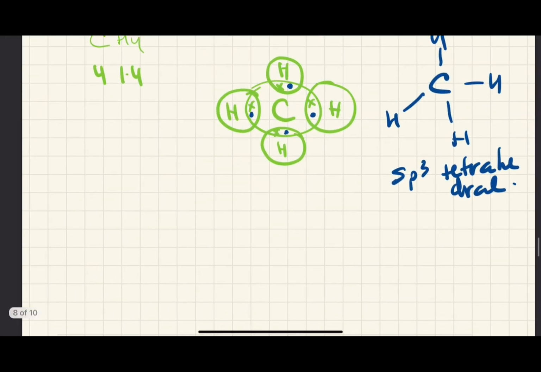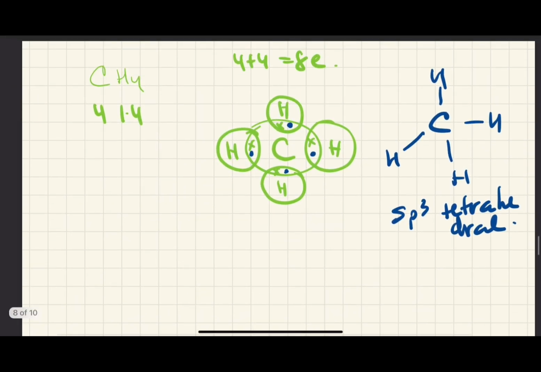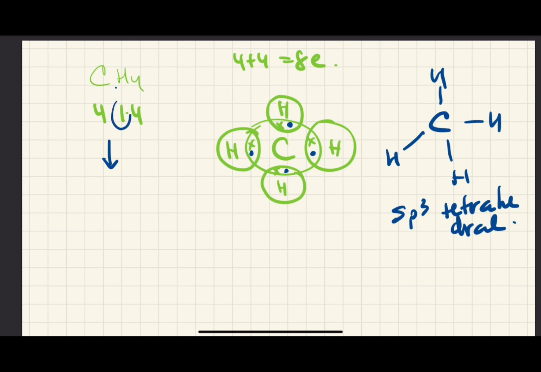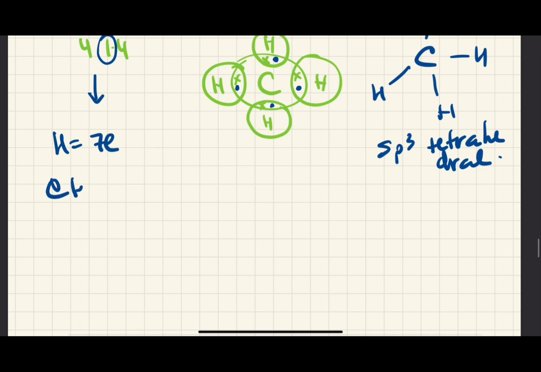So the easier way to do this is like that. We have carbon here, right? So instead of hydrogen being taken as 1, whenever you see hydrogen, count the number of electrons as 7. So if we have CH4, you have 4 plus 4 times 7, which is 32 electrons.